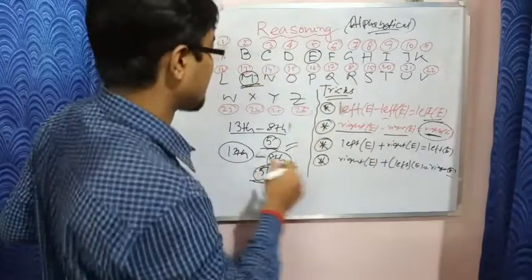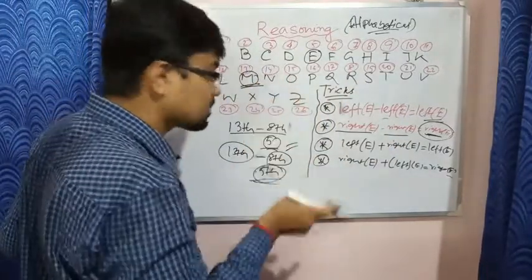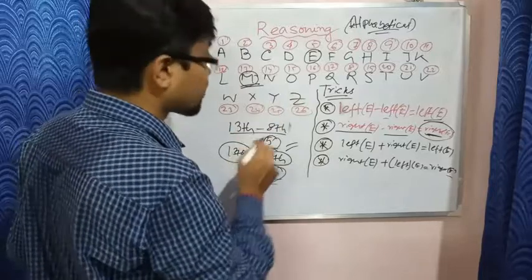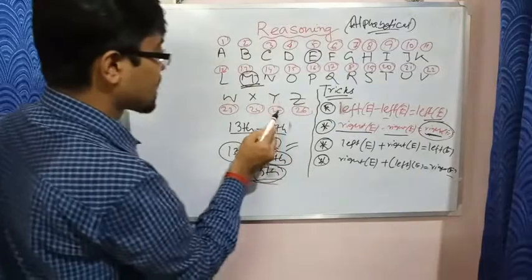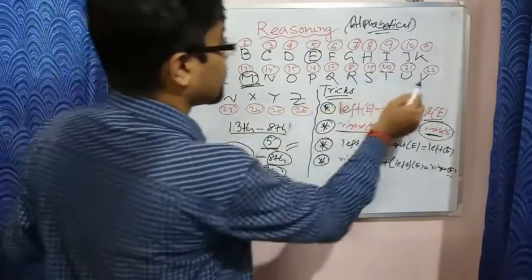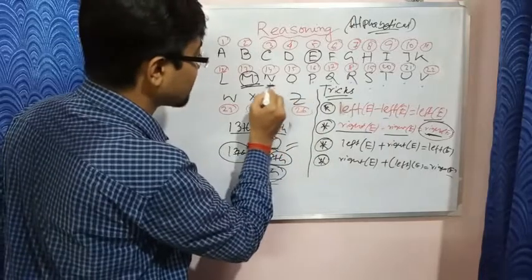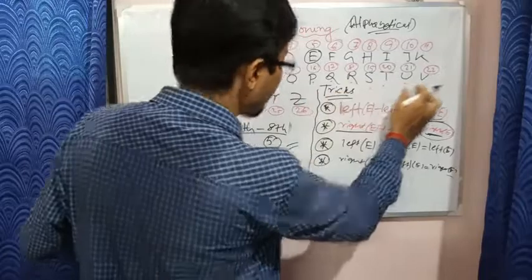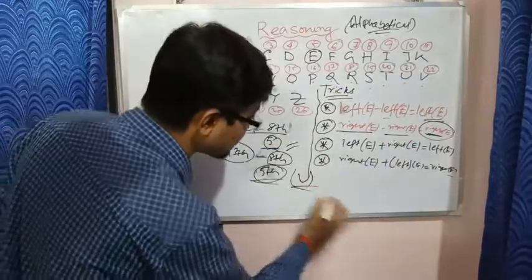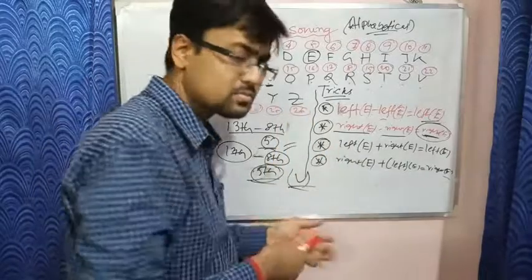Now the question is, which of the following elements is 8 to the right of the element which is 13th from the right end? So 13 from the right end, consider Z, 1, 2, 3, 4, 5, 6, 7, 8, 9, 10, 11, 12, 13, N. With respect to N, 8: 1, 2, 3, 4, 5, 6, 7, 8, so the answer is V. Clear? This is the fastest trick.